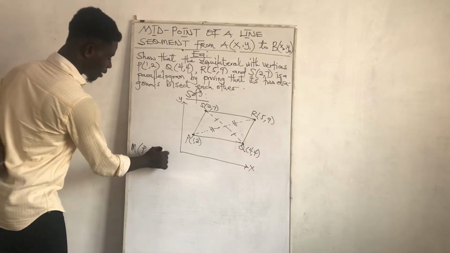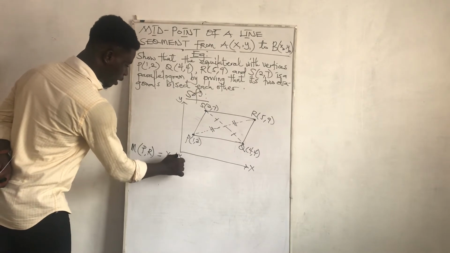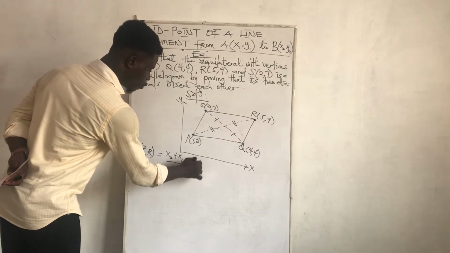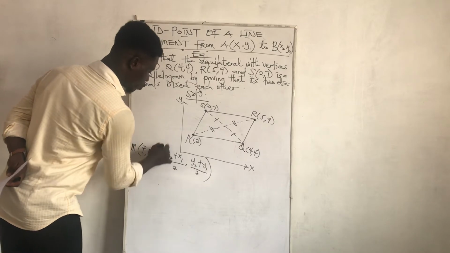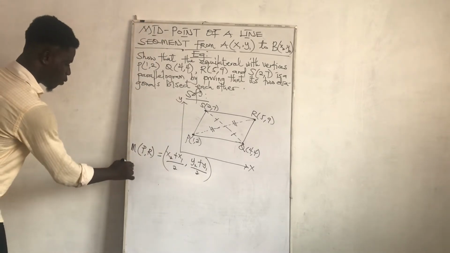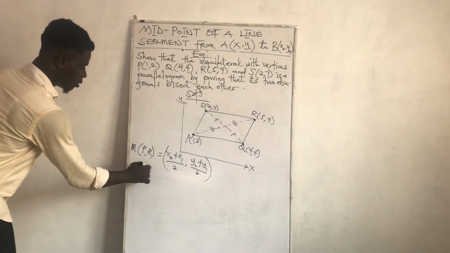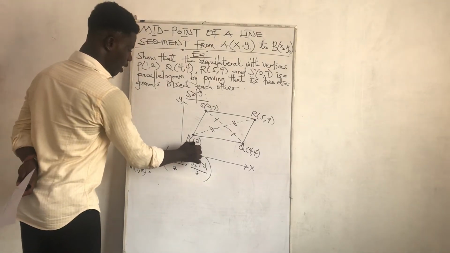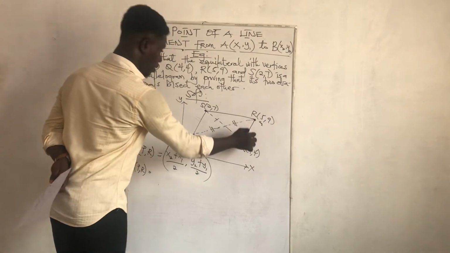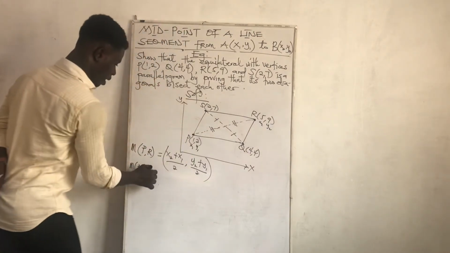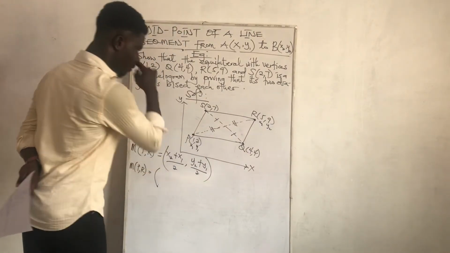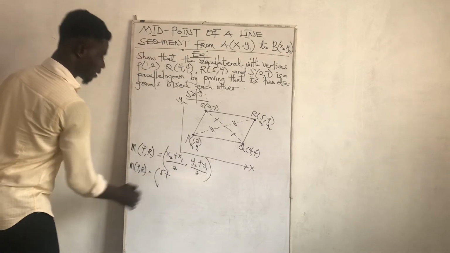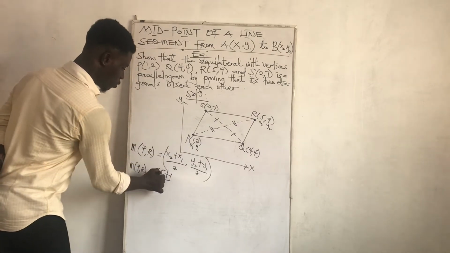So now we have X2 plus X1 all on 2, then Y2 plus Y1 all on 2. So the midpoint of PR is equal to, we can label here X1, Y1, then here X2, Y2. Now, X2 is 5, plus X1 gives 1, all on 2.